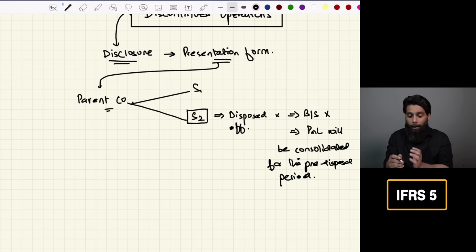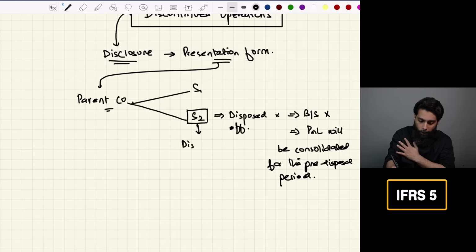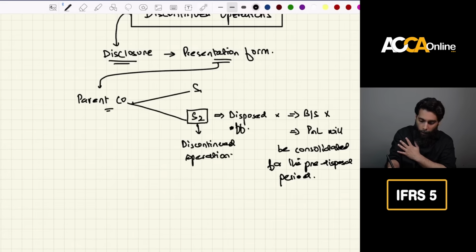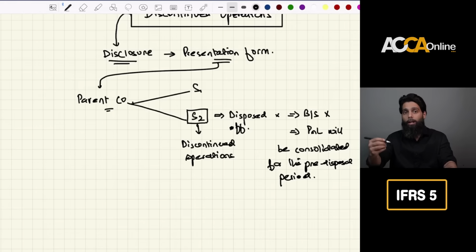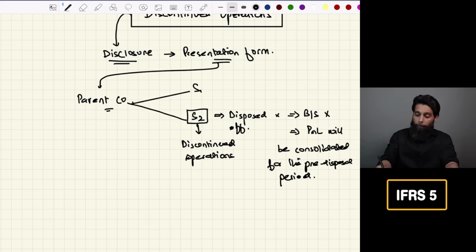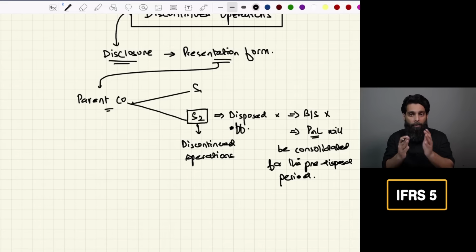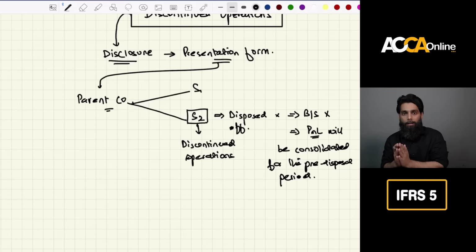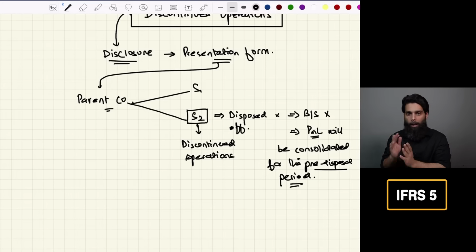But you need to assess that when this subsidiary number 2 represents a discontinued operation, this particular mechanism which we just discussed will not be followed. What I'm trying to say is, although during consolidation we studied that for the profit or loss account, if we lost control of subsidiary number 2 9 months after the start of the year, at least we have to consolidate this subsidiary for the pre-disposal period, all agreed.